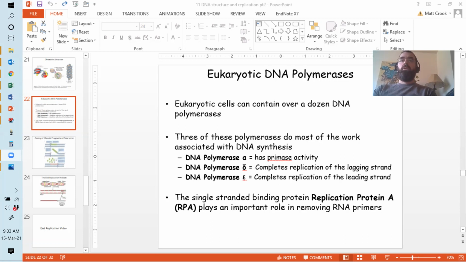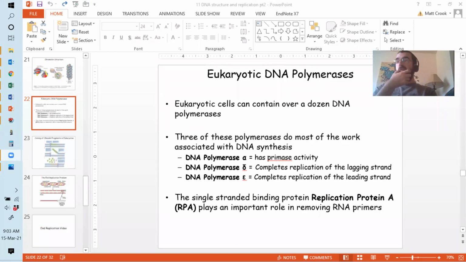And so we're also going to talk about the end problem, and that's all about telomeres and telomerase, which is kind of neat as well.